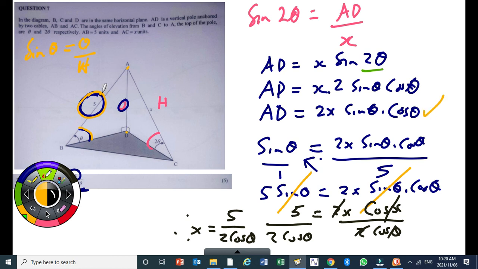Your hypotenuse is 5. So sine theta will be equal to the opposite side, which is AD, 2x sine theta times cos theta over the hypotenuse, which is 5. The denominator here is what? 1. You cross multiply. 1 times this gives you 2x times sine theta cos theta. 5 times sine theta gives you 5 sine theta.